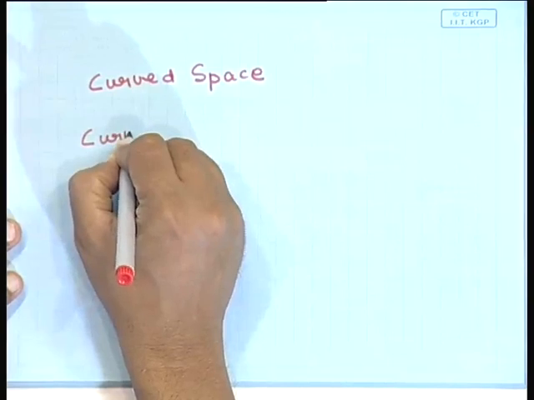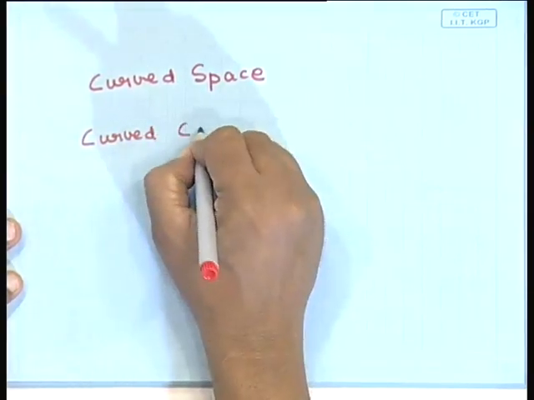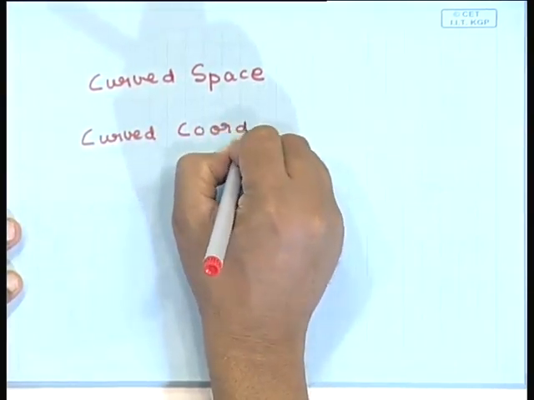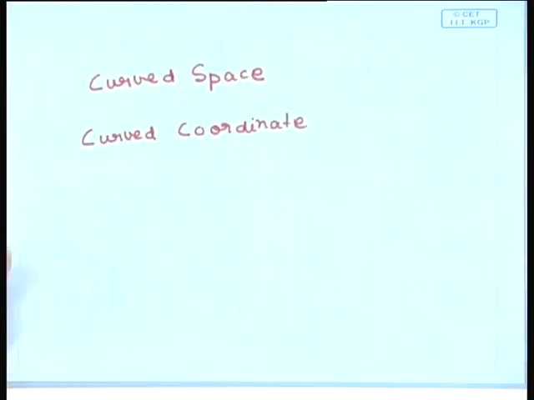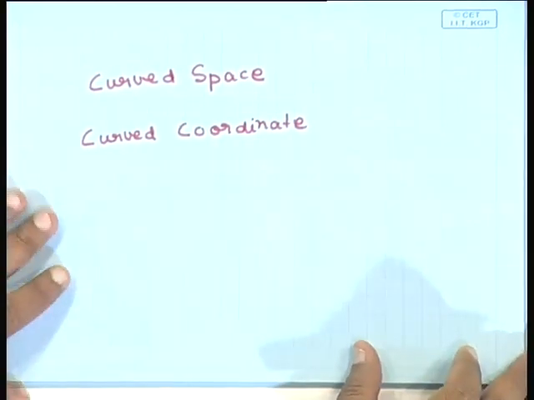In either of these situations, the metric becomes different. If you are dealing with just the usual Euclidean space in Cartesian coordinates, there is really no need to introduce a metric, but it becomes very relevant when the space itself is curved, or if you are using curved coordinates in the usual Euclidean space. So, let me take up examples.